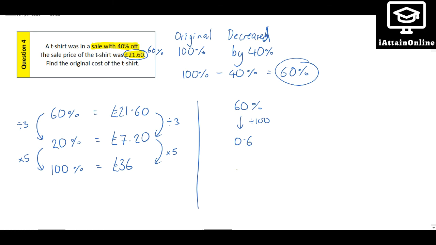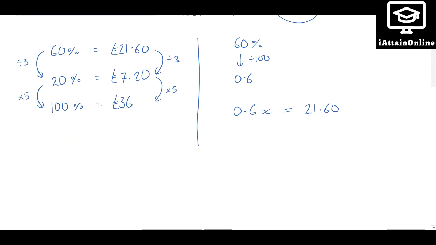That means I will have done 0.6 lots of x. Remember, x is the original amount. Is equal to £21.60. So then if I just divide this side by 0.6 and divide this side by 0.6, that will tell me that x is the same as £36, which matches up with what we've got over here as well.